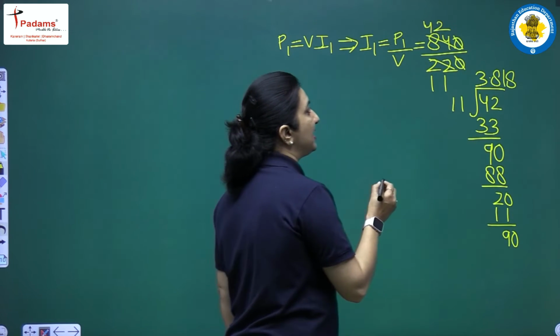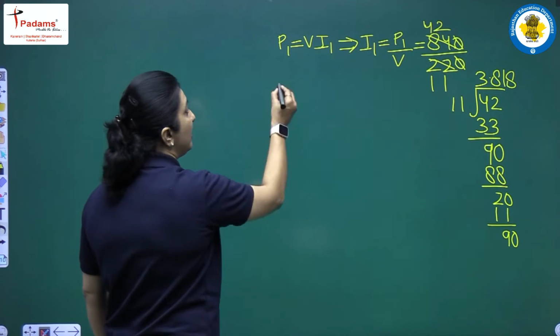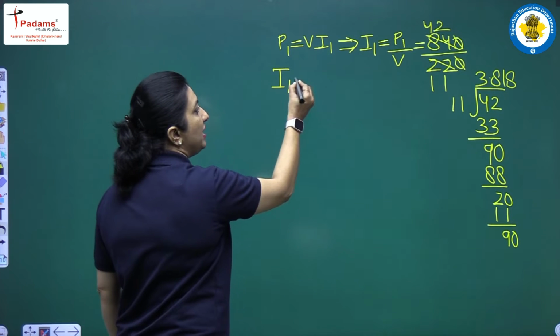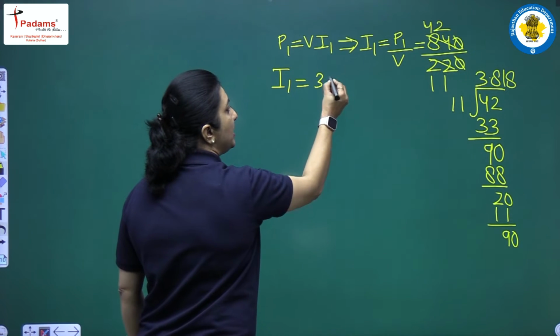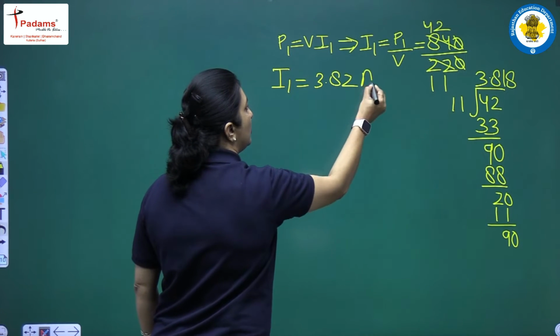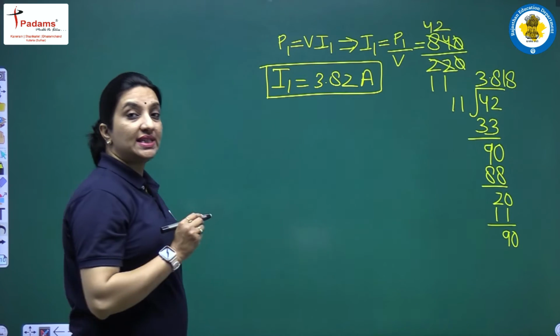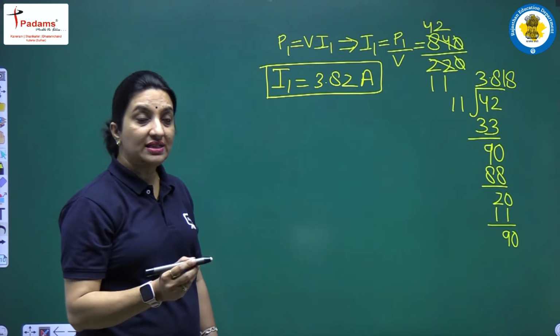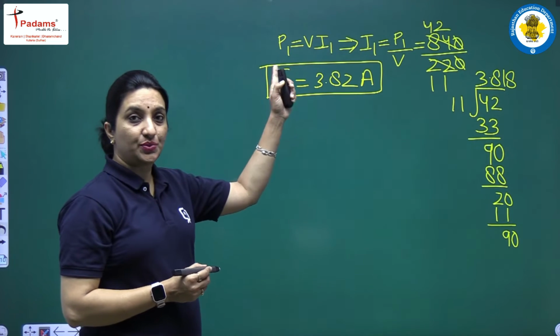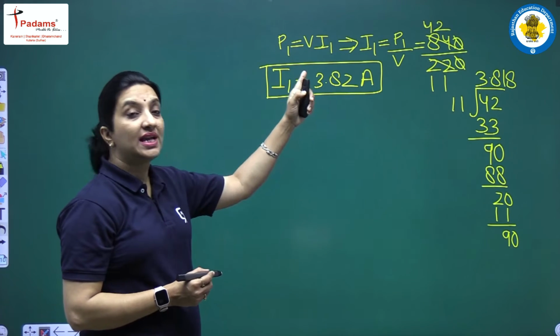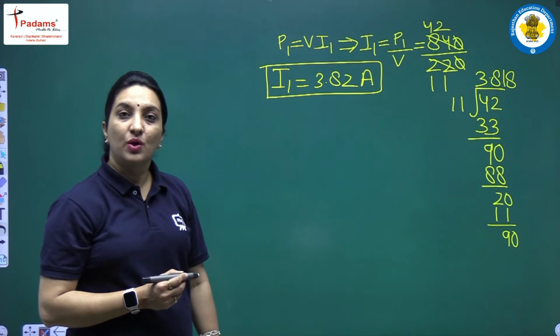So the current in the first case will be equal to 3.82 amperes. Now students, this is the electric current for the first case when the power consumed is 840 watts.